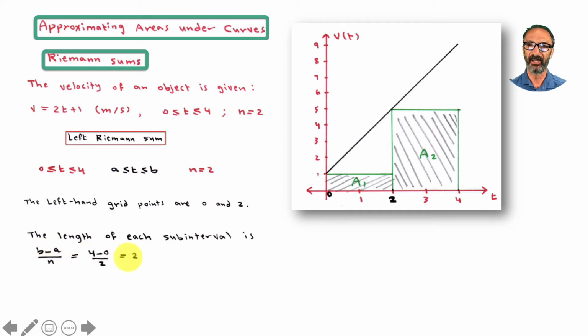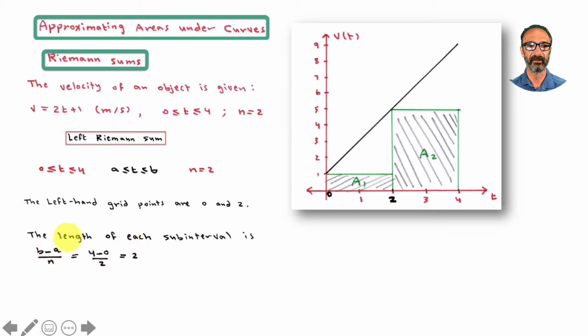That's 4 minus 0, divided by 2, and I end up with 2. So two subintervals gives me 2 as the length for each.